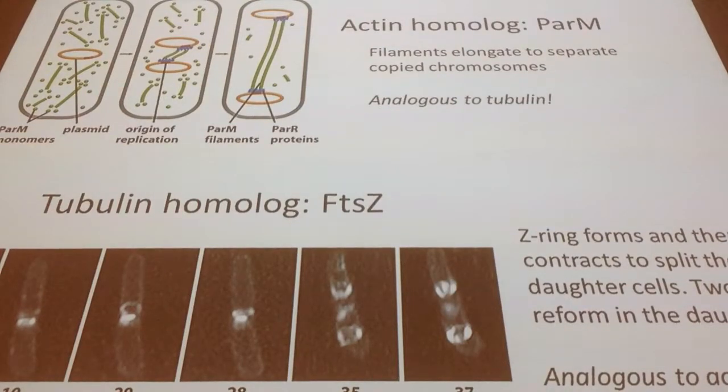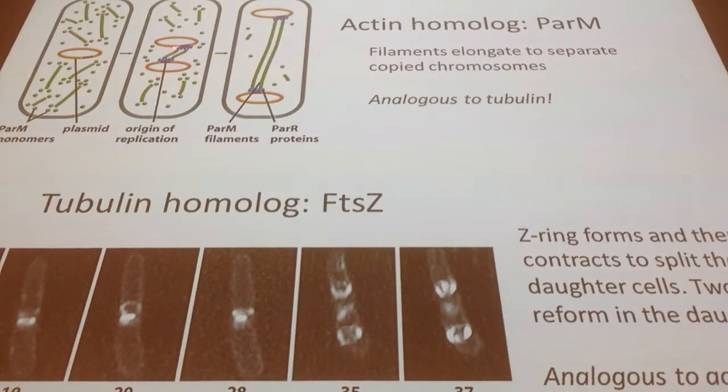Let me explain it in a different way. One of the functions of microtubules during cell division is to move the chromosome around, right? In bacteria, you also have a cytoskeleton that can move the chromosome around, in this case just a single circular DNA. Does that make sense? So that is a similar function to microtubule.